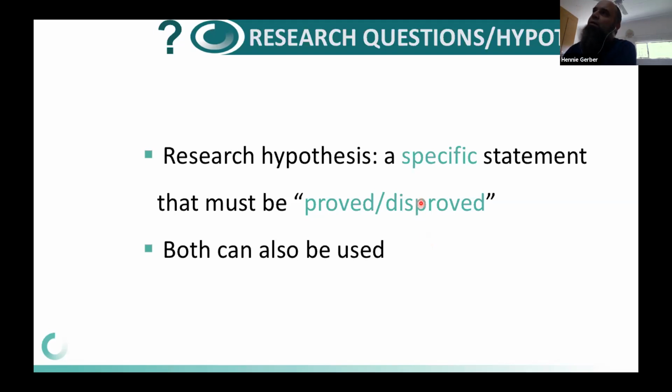Now, what is a research hypothesis? It's a specific statement that you can disprove. You can use both research questions and hypotheses in the research. Now, let us just look at the criteria for a hypothesis.